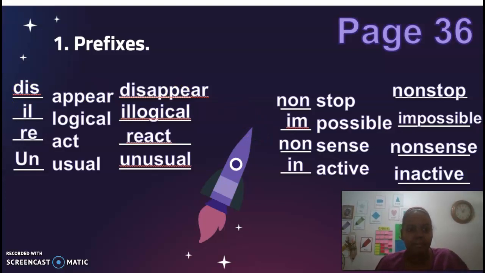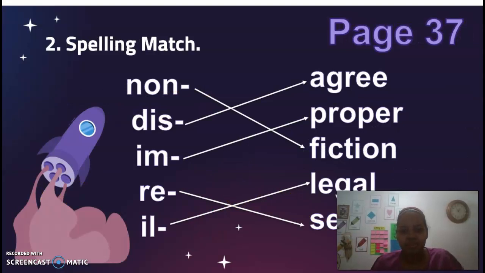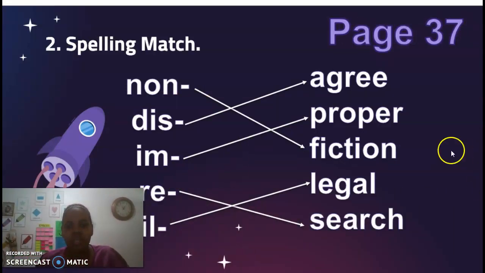Then exercise number 2 is a spelling match. What you're going to do is join with a line the correct prefix with the correct word.